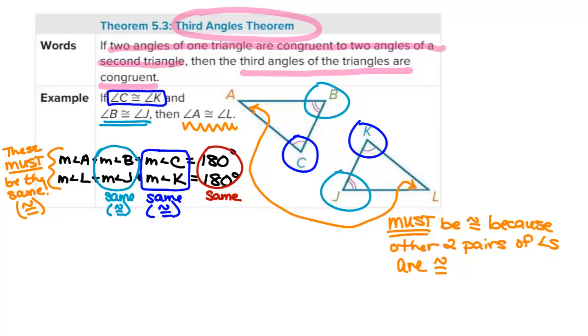All right, so I want to practice with that. Let's look down at problem number 8.